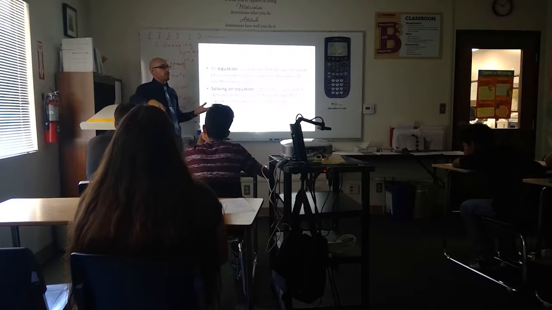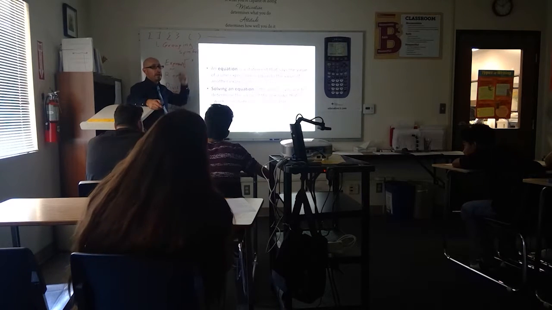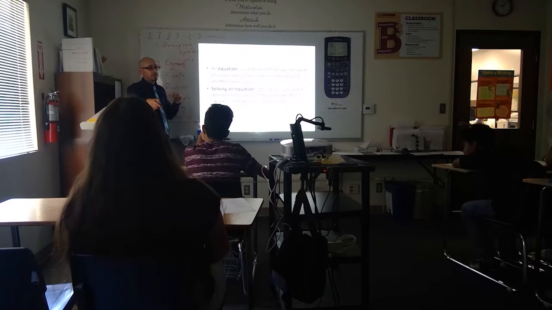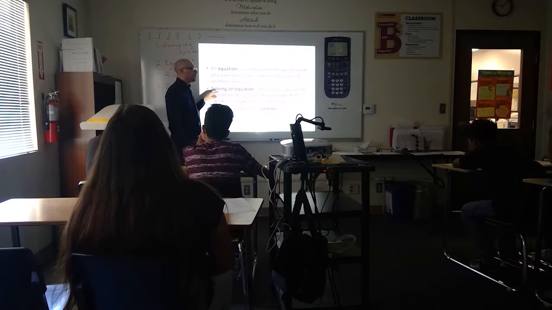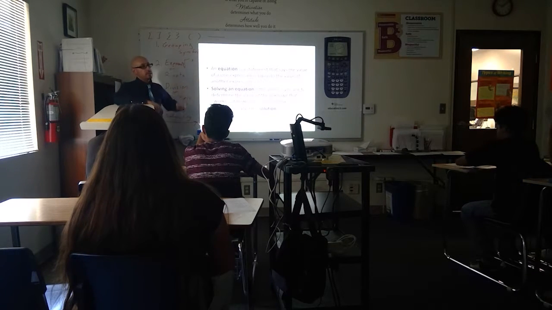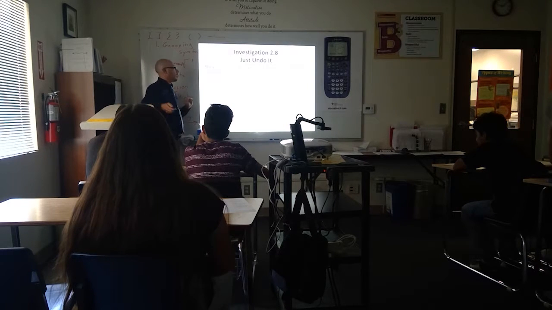When we're solving an equation, we're trying to figure out some part of it that we don't know. We solve the equation by undoing all those operations, and that gives us a solution. The solution is the value that makes the equation work out to the 28.